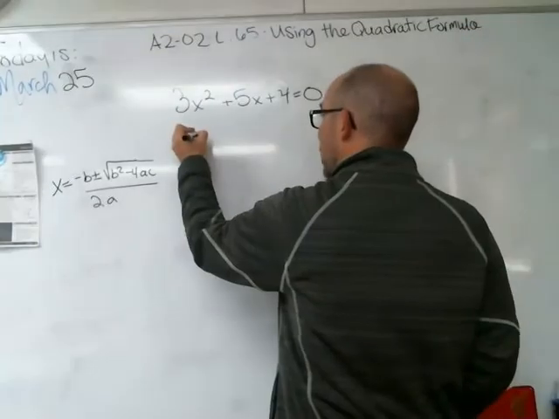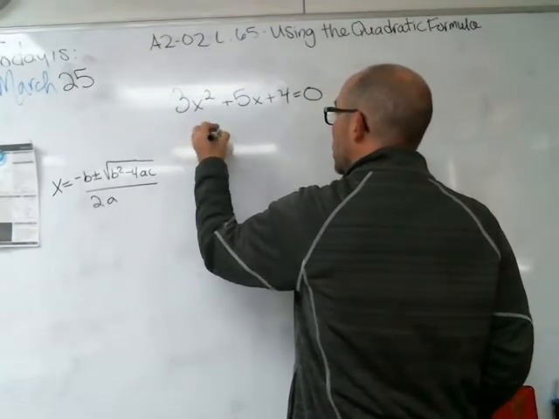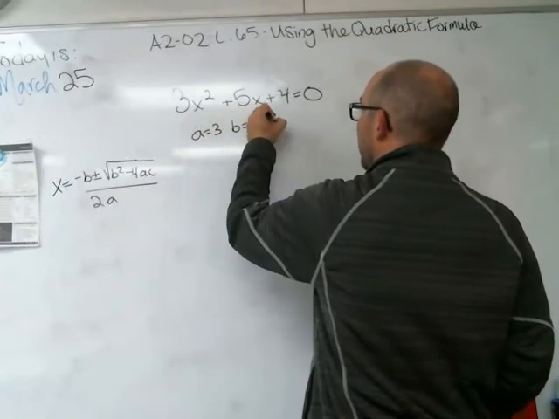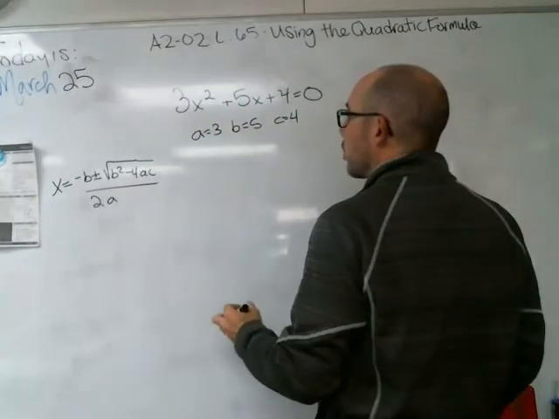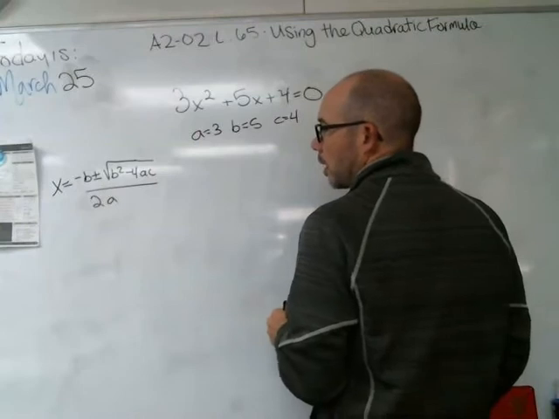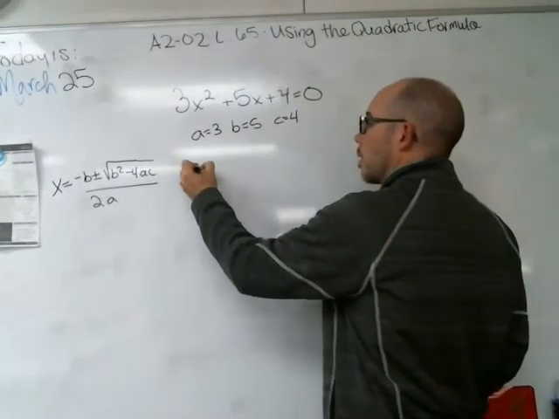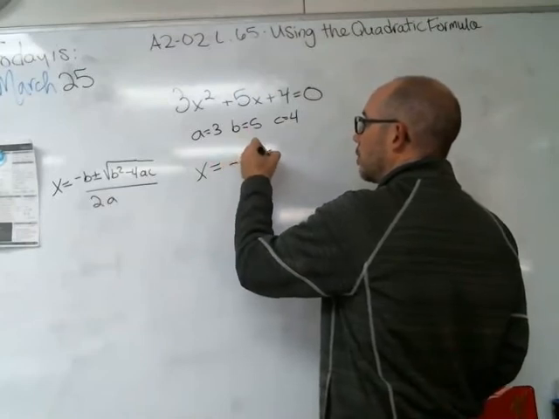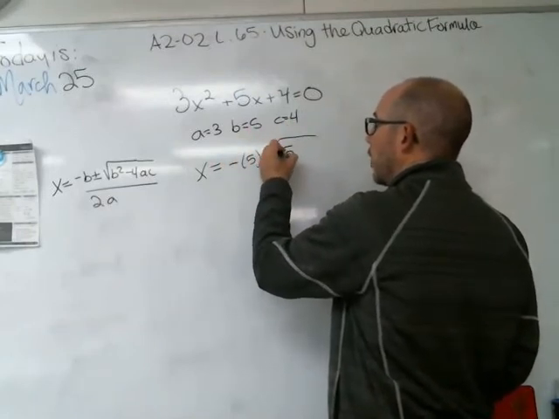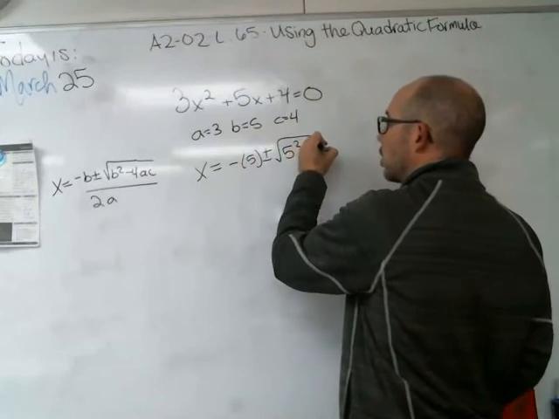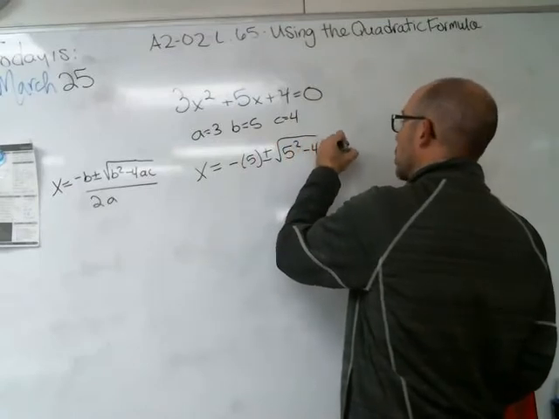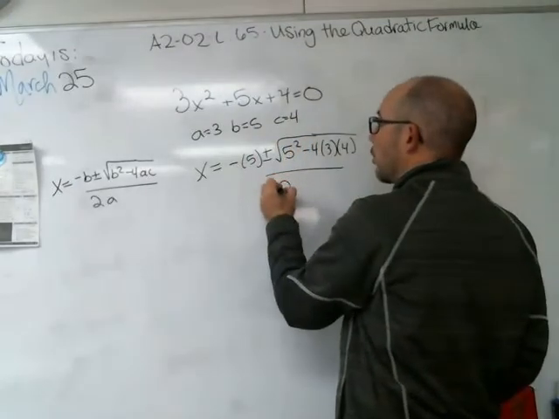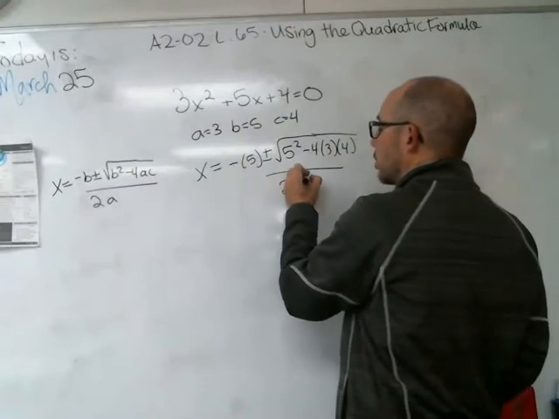Step 2, identify A, B, and C. A equals 3, B equals 5, C equals 4. Step 3, plug into the formula. X equals negative 5 plus or minus the square root of 5 squared minus 4 times 3 times 4, over 2 times 3.